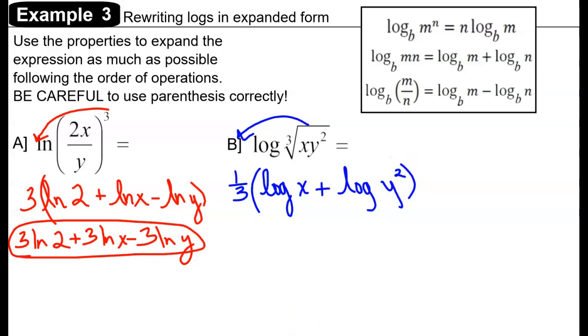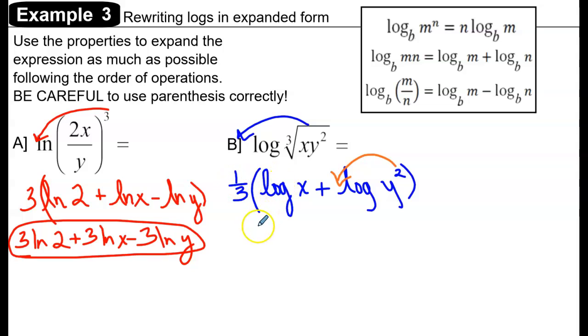And that exponent, we can apply the power property to make that a coefficient on the log of y. So now I'm going to remove these parentheses and simplify.